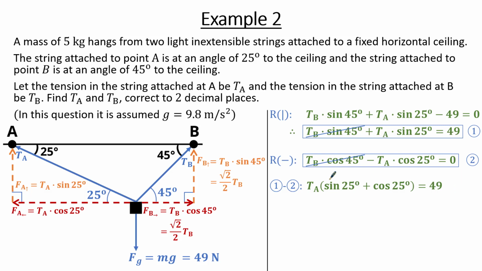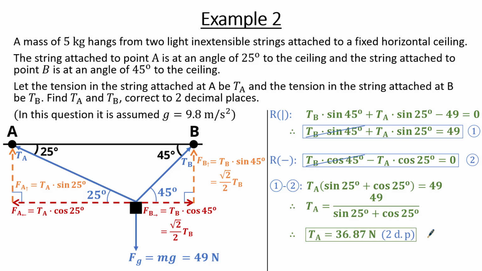Dividing through by sine 25 plus cos 25, we have that TA equals 49 over sine 25 degrees plus cos 25 degrees, and to two decimal places, once we plug this into the calculator, we have that TA equals 36.87 newtons. So now we have TA.